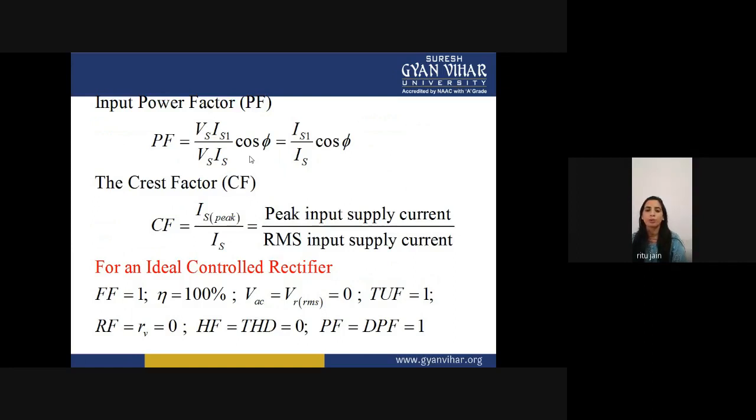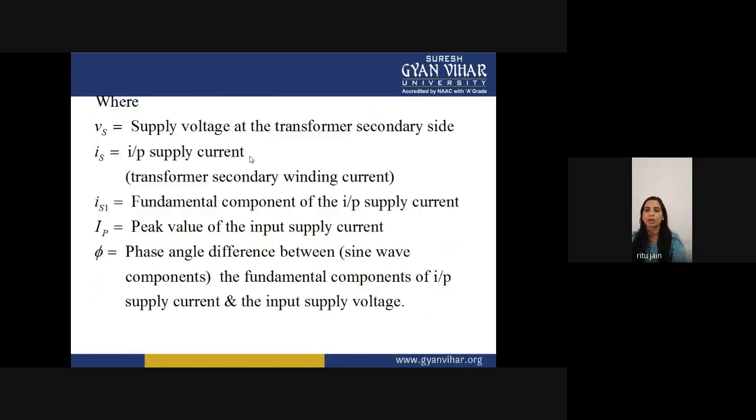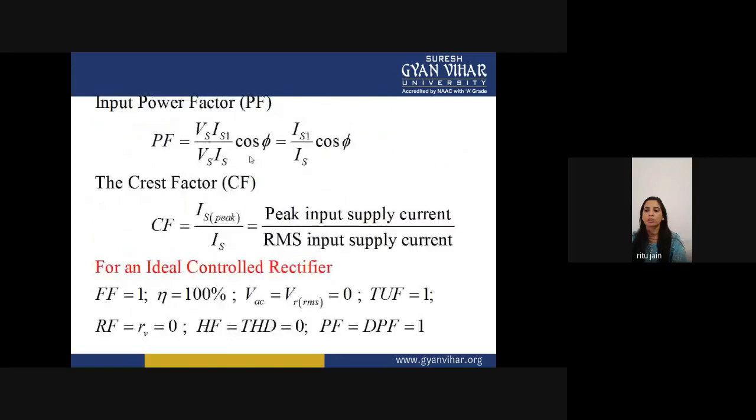The AC component in the output voltage or current waveform must be 0, and the TUF, your transformer utilization factor, should be 1.